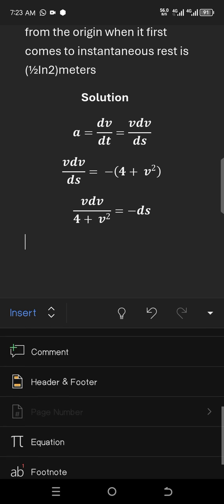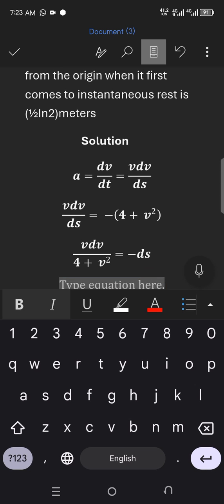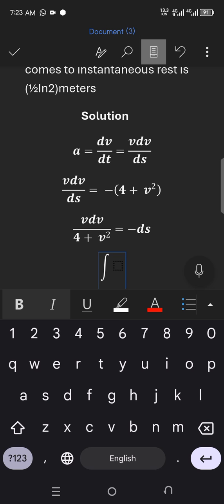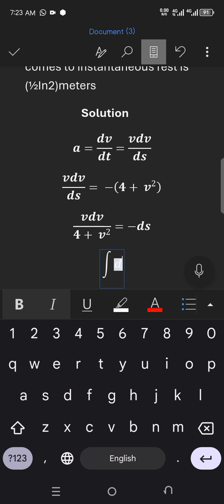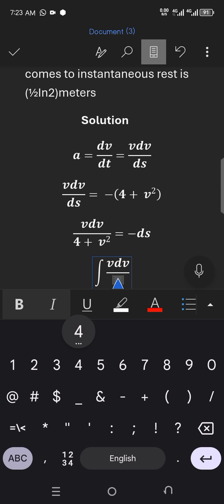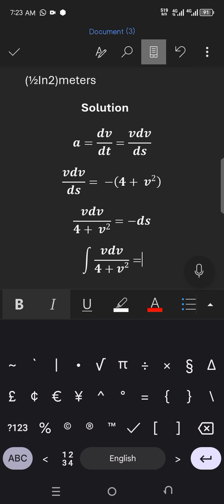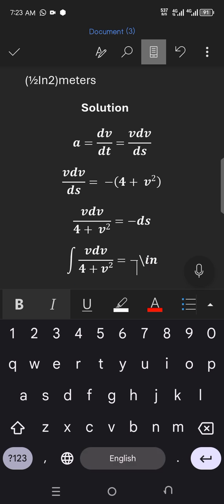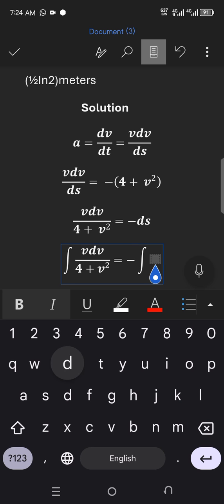If I integrate both sides of this differential equation, I will have the integral of v dv divided by 4 plus v squared equal to negative the integral of ds.